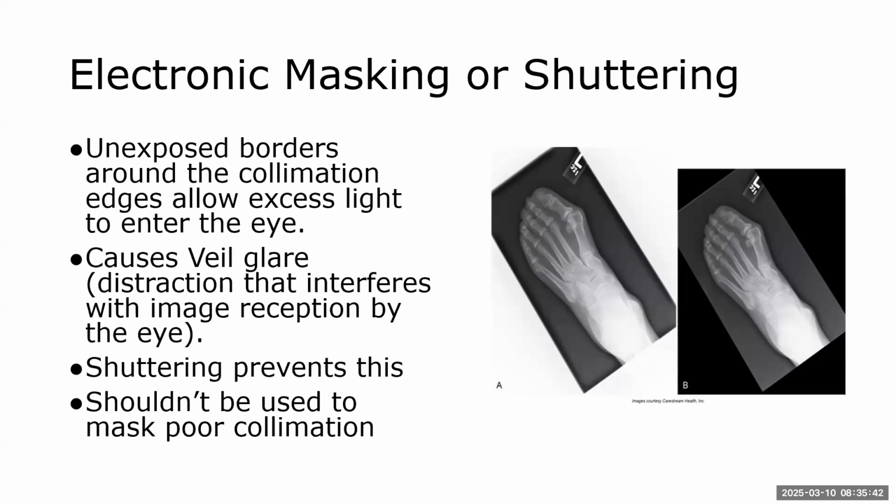So just because you didn't collimate properly does not give you the right to black out what you didn't collimate off, because that information is part of that image. And if the patient had something there that could have been diagnosed, ultimately the radiologist is still responsible for that information.